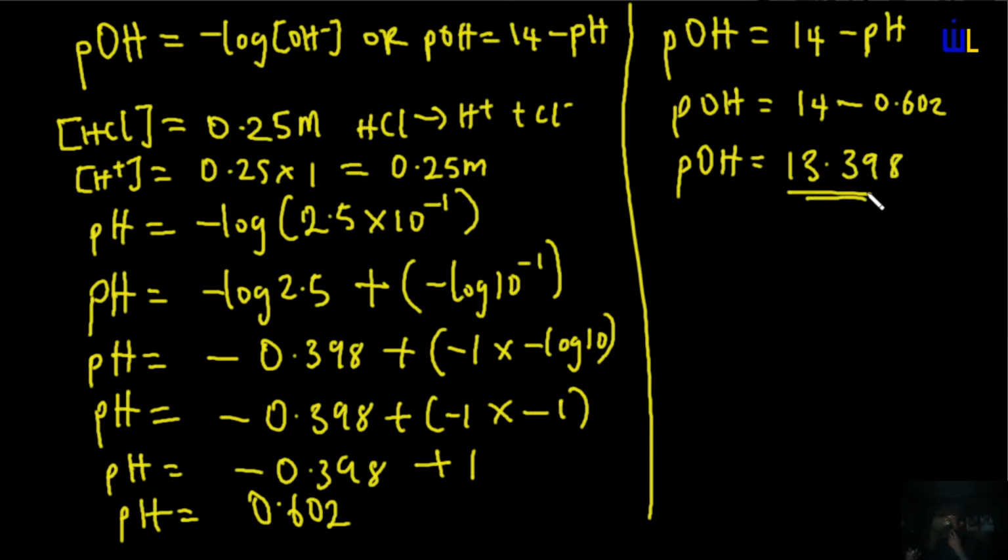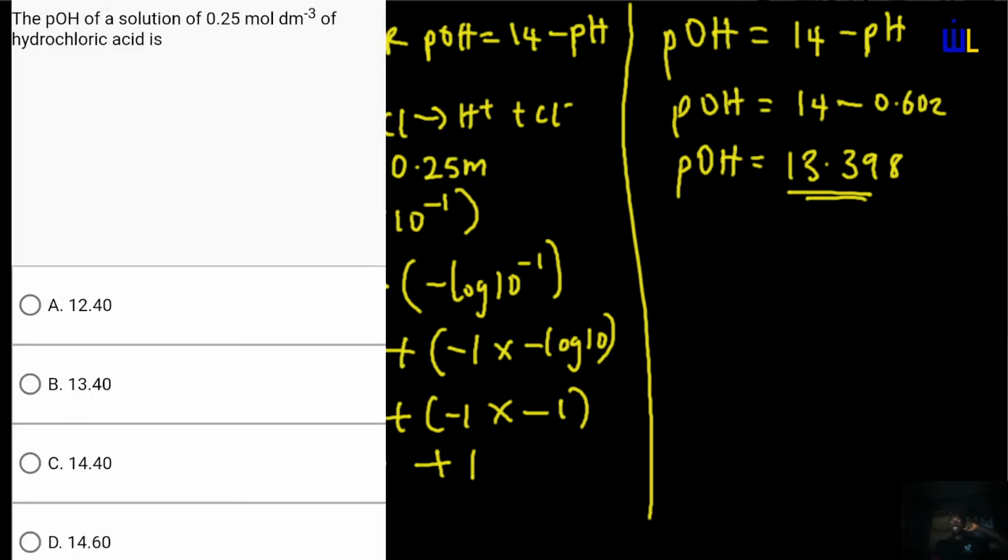Okay, so which of the options has 13.398? Let me check it again. 13.4. Okay, approximately 13.4, and that is option B.